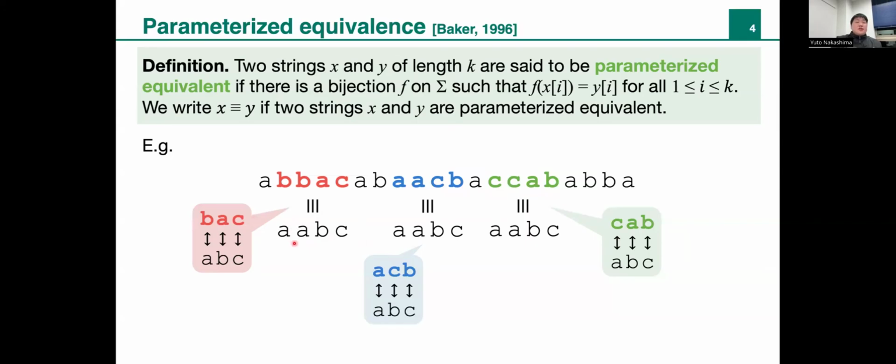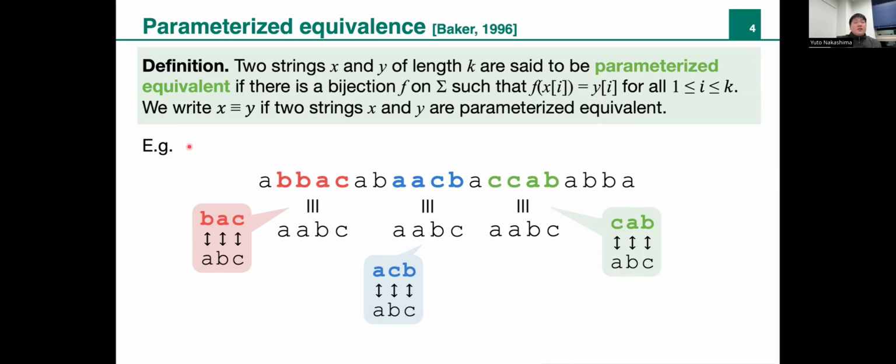In this case, A maps to B, B maps to A, and C maps to C. Here, A maps to A, B maps to C, and C maps to B. In this case, A maps to C, B maps to A, and C maps to B. So there is a bijection in each case, and these are parameterized equivalent.